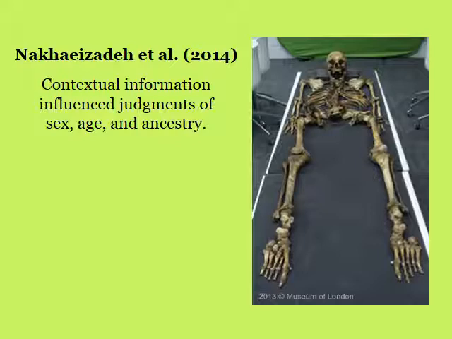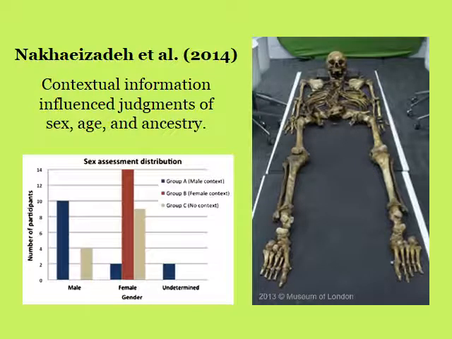So, long story short, they had different people examine the same skeleton, but armed with different expectations. And what they found, again, is that their expectations clearly shaped their conclusions. Some people were led to believe that the skeleton was a man, and when they were led to believe that, they, most of the time, concluded that the skeleton was a man.